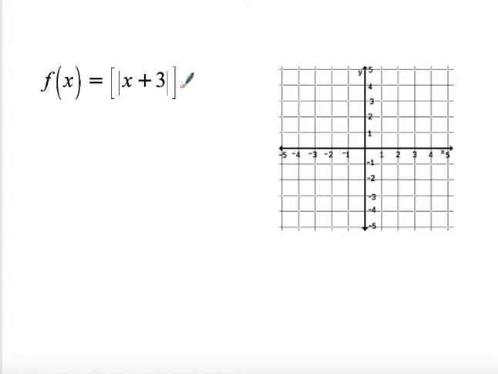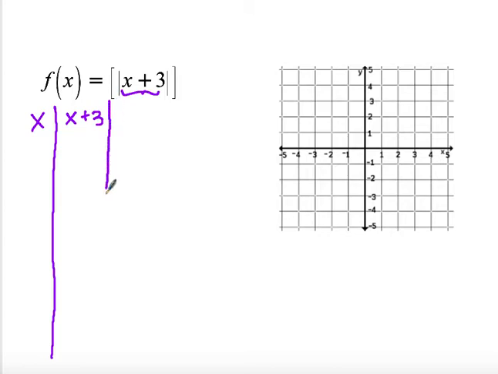If things are done on the outside and things are done on the inside, I'm going to follow that order of operations. For this function, I'm going to plug in values for x, picking numbers similar to last time until you get used to these functions. Then I'm going to go inside first. We're going to add 3 to each value of x, and then when we're done, we're going to round that number down.